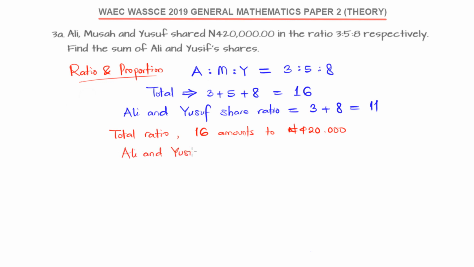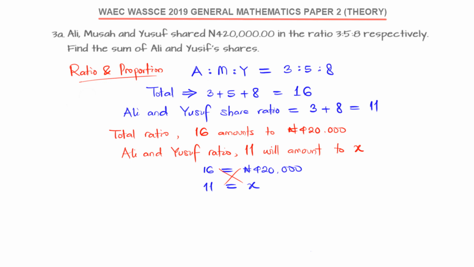Their own ratio, if we are taking them together, is actually 11, okay? It will amount to the value that we are looking for, which we can call x. So if we relate this together, we can say 16 is equal to 420,000 naira. 11 is equal to x.